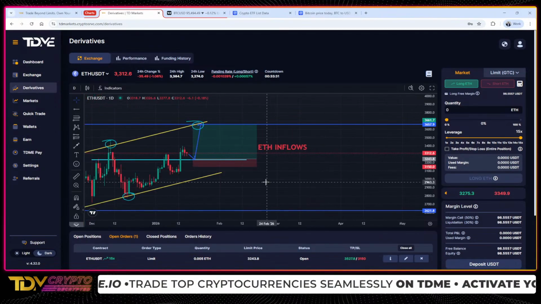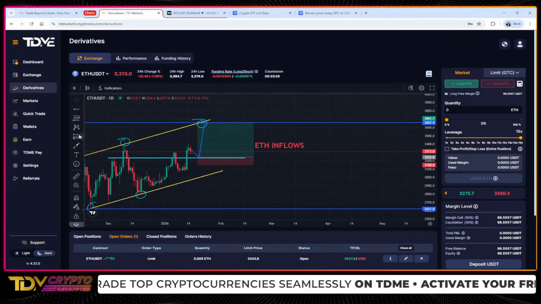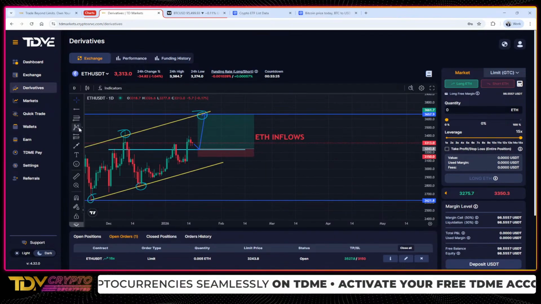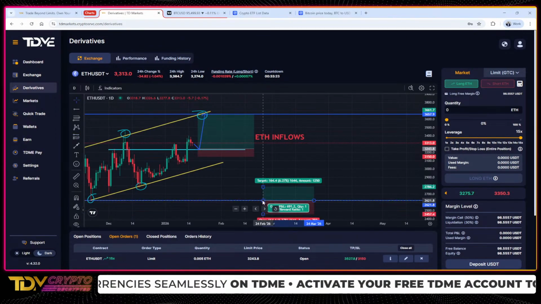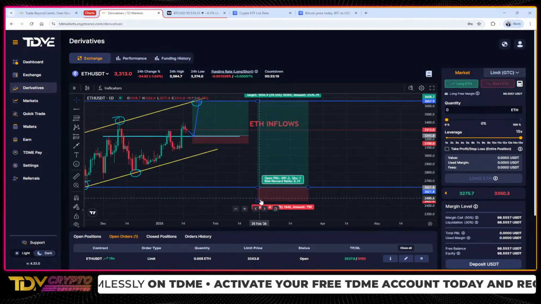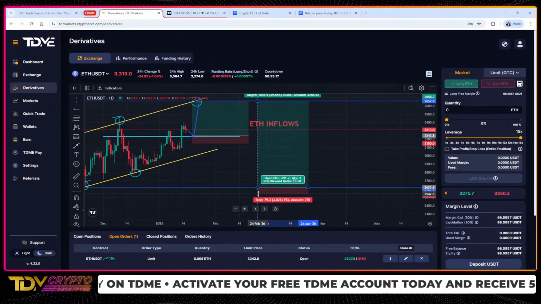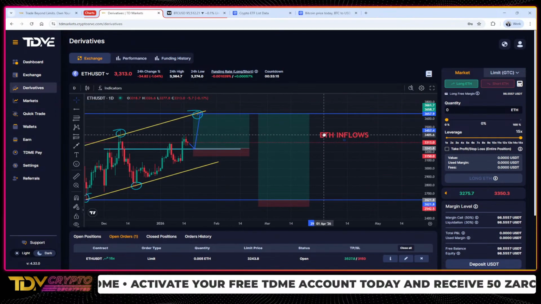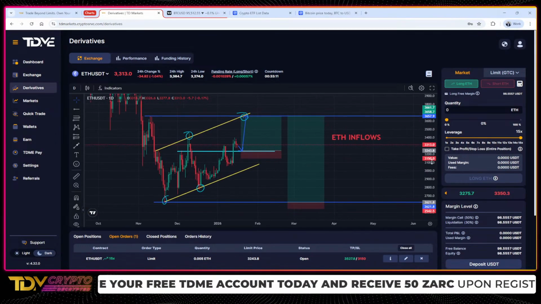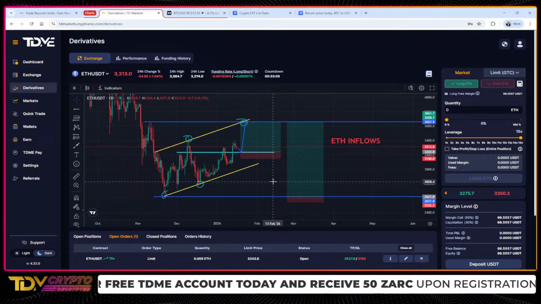But if it happens that it goes back to this low, this could be a nice setup to look at, because we are looking at this risk and reward ratio. There we go.